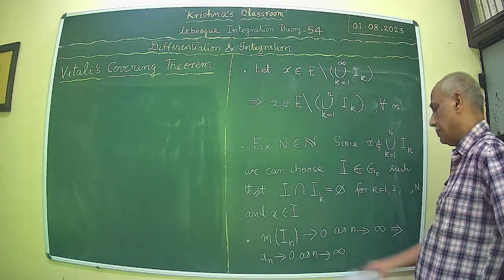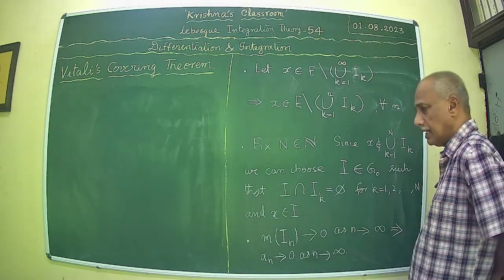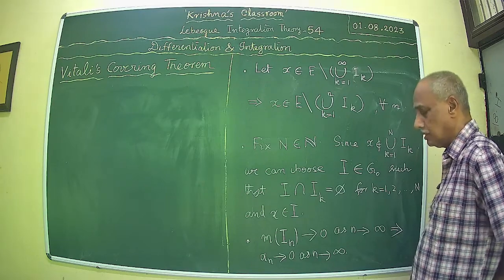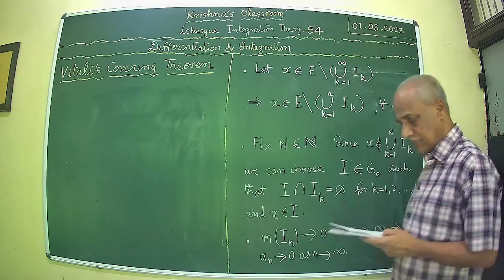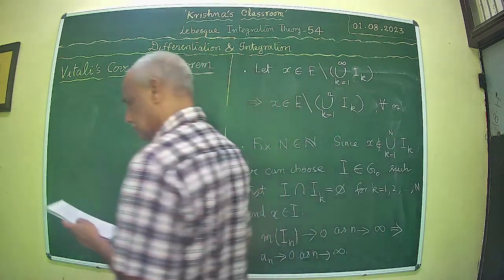So by choosing n sufficiently large, you can make alpha n as small as we please. That is one of the things that you can do.